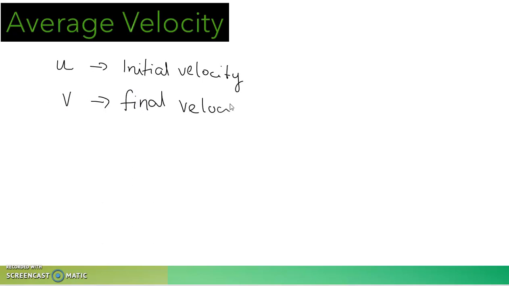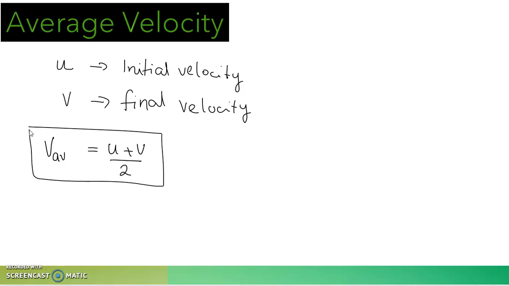So, the formula for average velocity, v average is equal to (u plus v) divided by 2. Very, very important. If initial velocity and final velocity are given, then the average velocity is (u plus v) divided by 2. Remember, u is the initial velocity and v is the final velocity of the object.